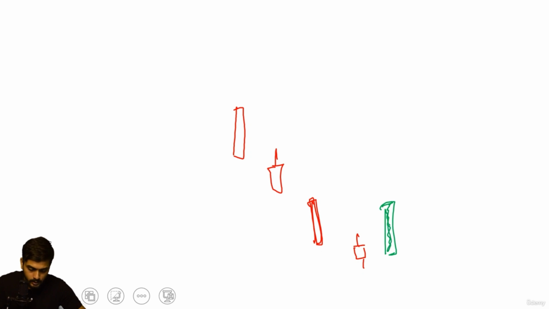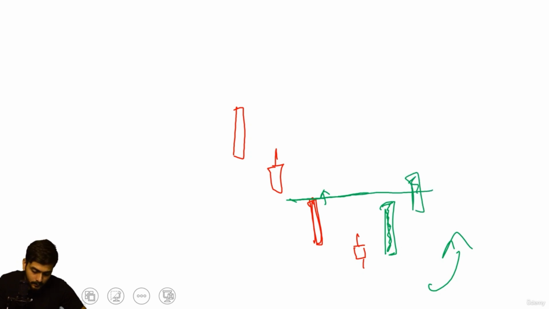So this is our cue that the market might reverse. When will be our entry point? If the market has closed here, this can be a resistance point, because the market has not gone above this. Whenever the next candle forms like this, that will be our entry point.